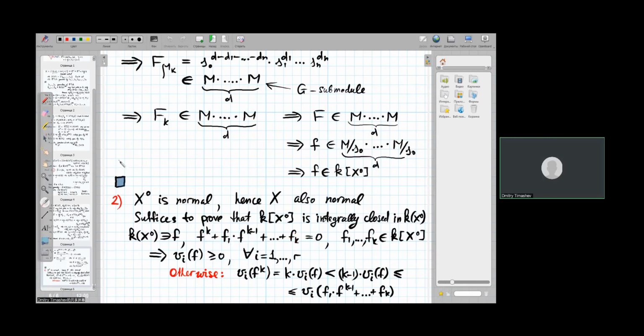This is a contradiction. So we have proved these inequalities for our f.